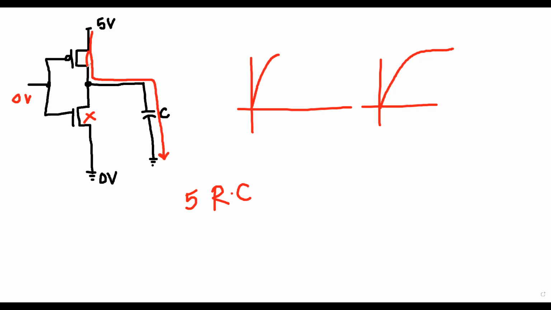The resistance is in the MOSFET, because it is not metal. It is semiconductor. Semiconductor has more resistivity than metal, right? So inside this channel there is resistivity. Got my point? So there is a resistance that is called R.